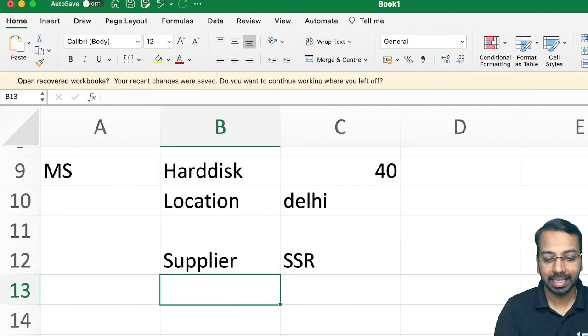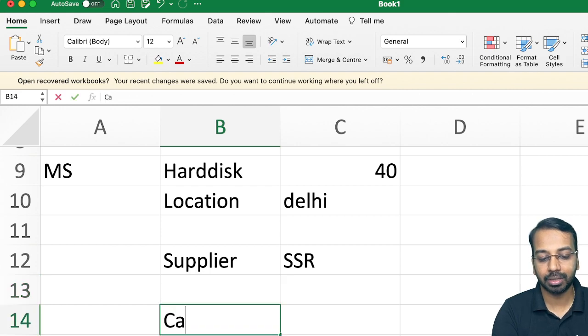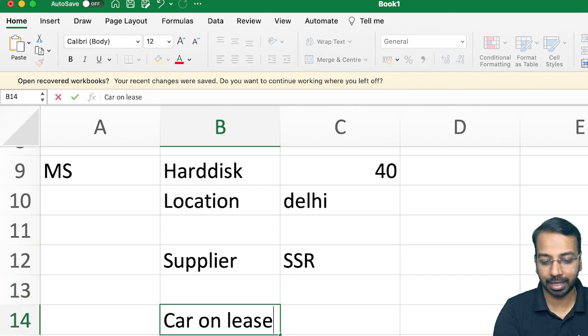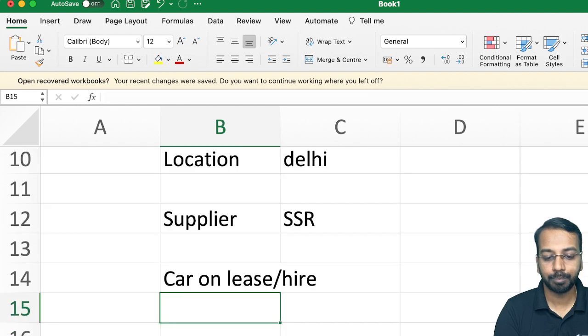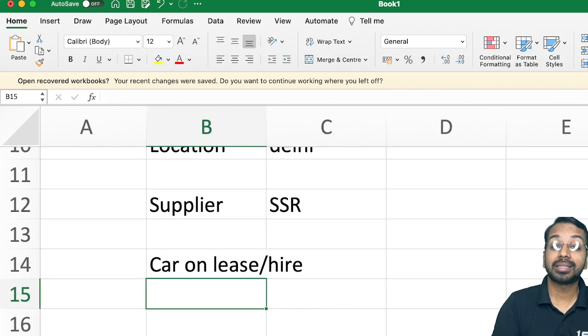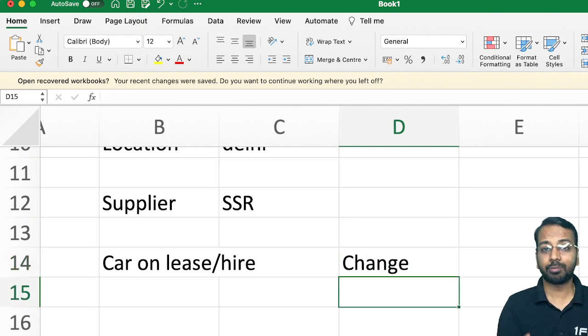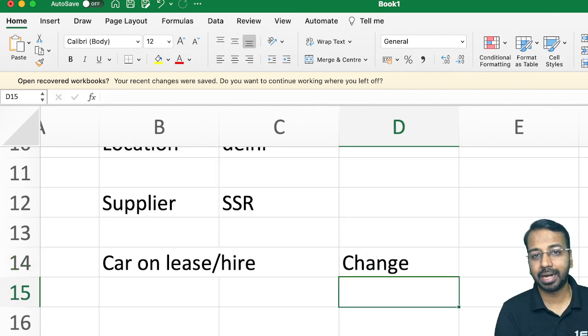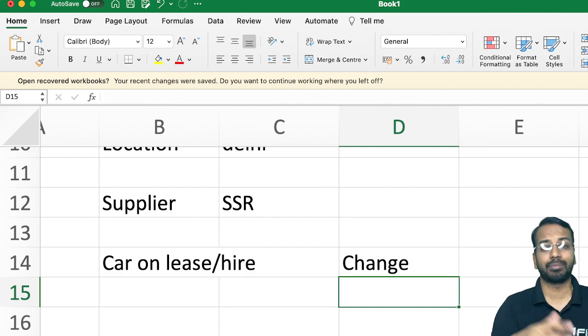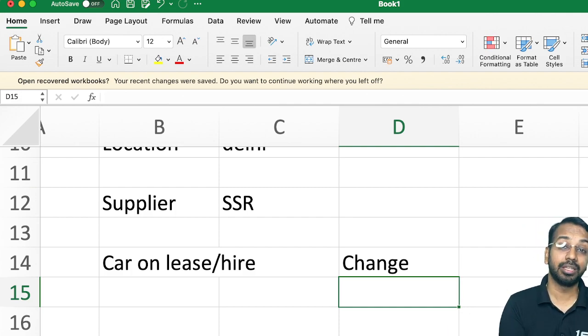For example, if we take a car on lease or hire, I would rather call it hire. Now, if the supplier has the ability to change the car whenever it wants, it will send, let's say, an Indigo. Whenever it wants, it would send a Swift. Whenever it wants, it would send some other car. Whenever it wants, it would send an SUV. The vendor has the right to substitute whenever it wants, and that substitution is giving some kind of benefit to the supplier.